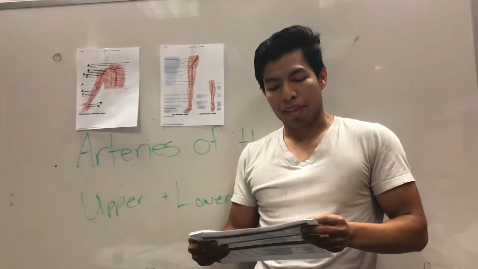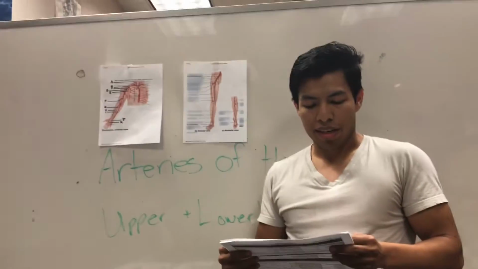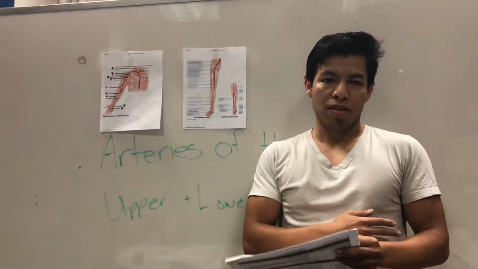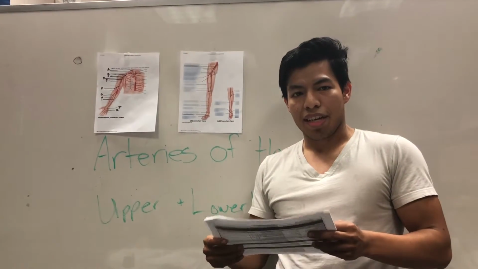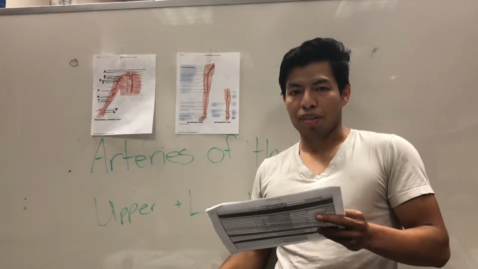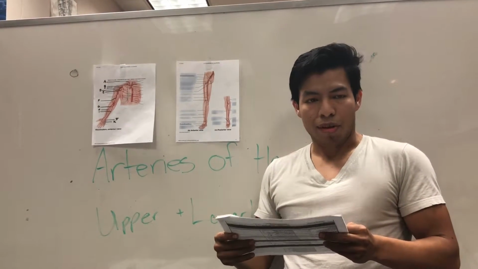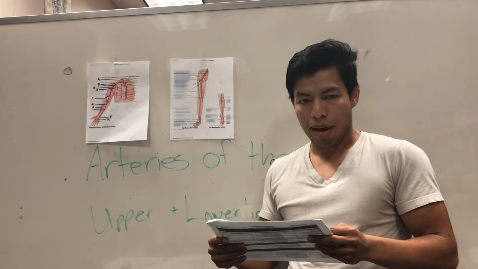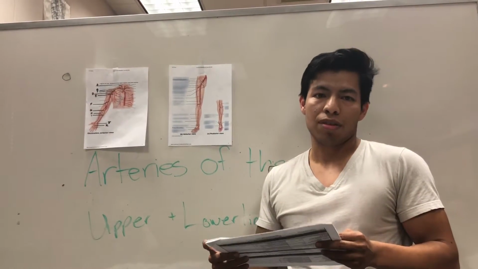After that will be the profunda brachii artery. Then after that will be the radial artery. Then the radial recurrent artery, which is attached to the radial artery. Then it'll be the ulnar artery. And then after that will be the ulnar recurrent, which is attached to the ulnar. And then after that will be the common interosseous artery. Then the deep palmar arch. And then the superficial palmar arch.